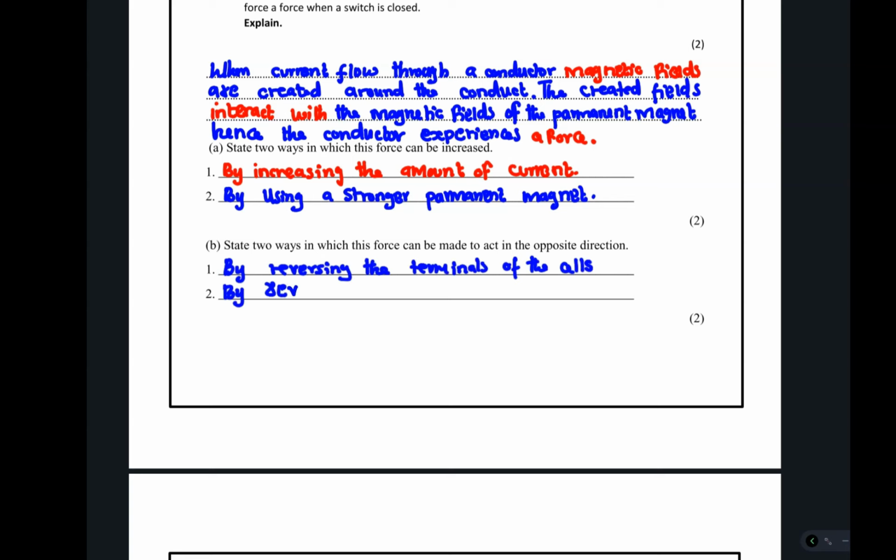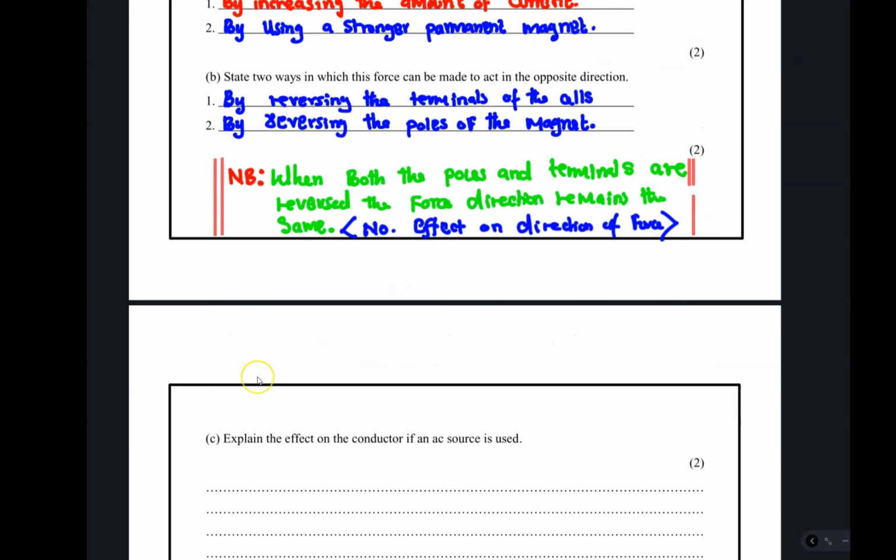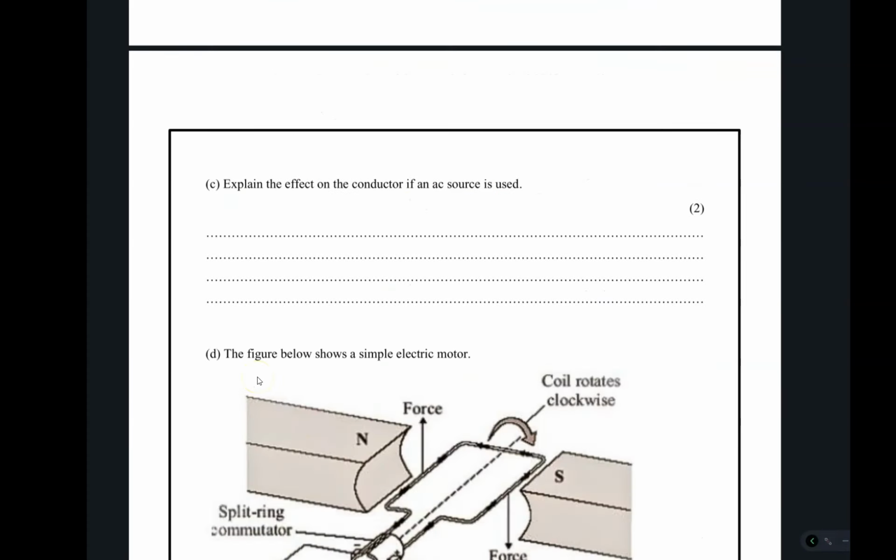So by reversing the terminals of the cells and by reversing the poles of the magnet, that will affect the direction in which the force is going to move. Also you need to remember, when both the poles and the terminals are reversed, there is no change in the motion.